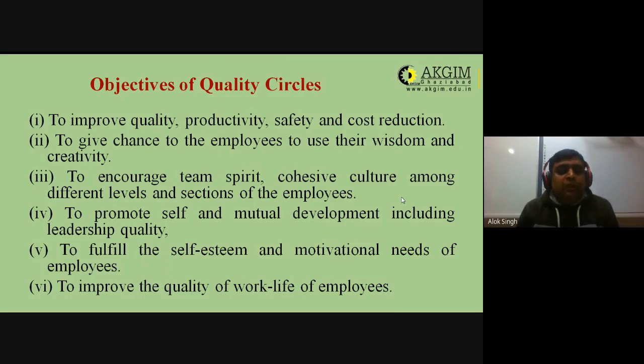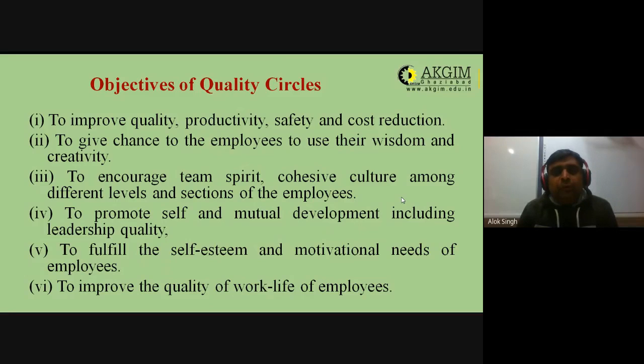Next is to fulfill the self-esteem and motivational needs of employees. If you give your employees a chance to speak upon the issues, they will be motivated towards working, employee satisfaction will be there, and they will get that self-esteem, the self-respect part basically.